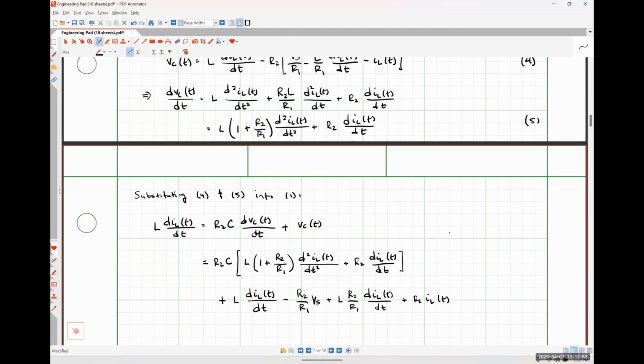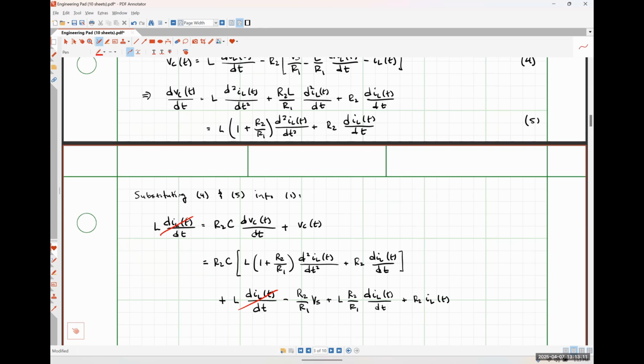So I have a positive L times dIL by dt term on the left-hand side, and I have that same thing right here. So those guys cancel each other out. I could just subtract that from both sides.